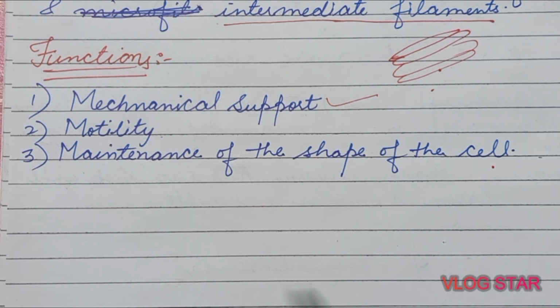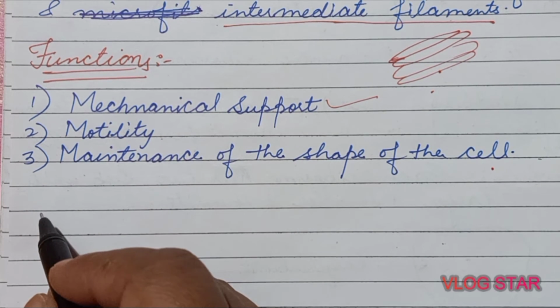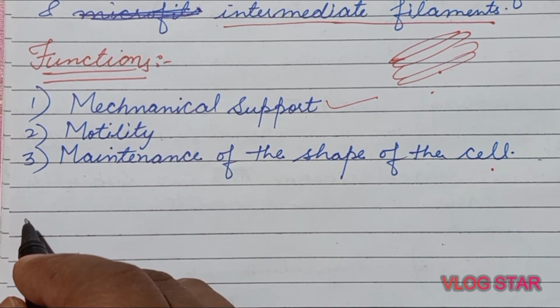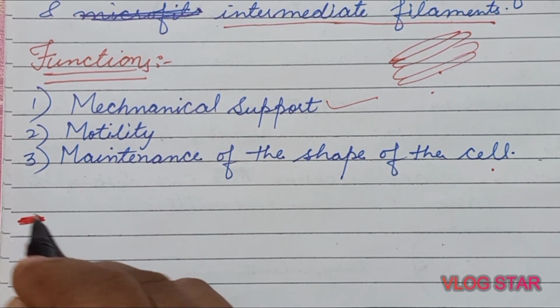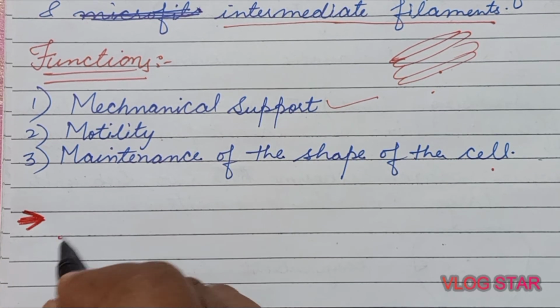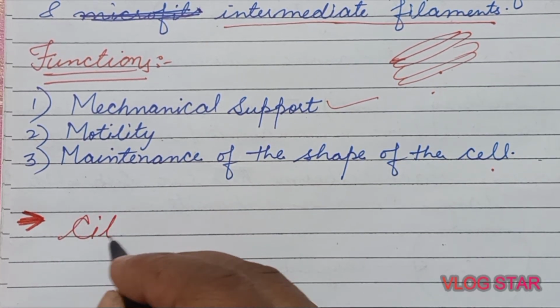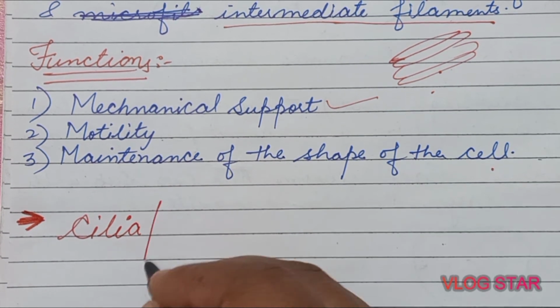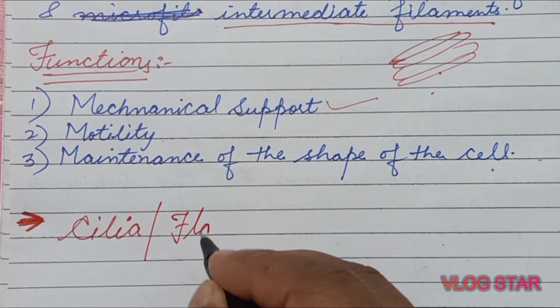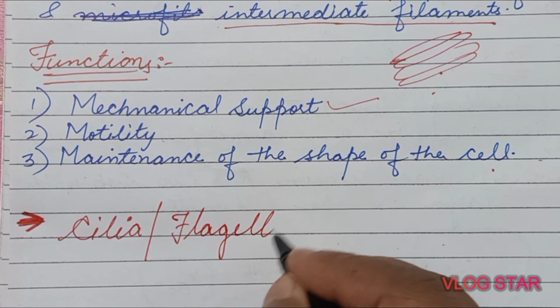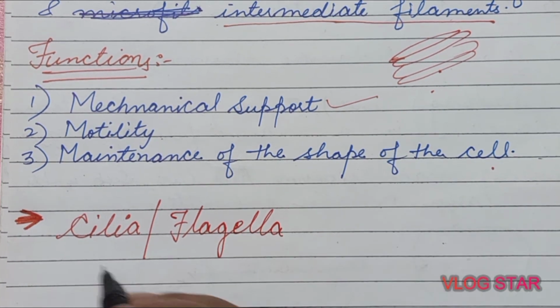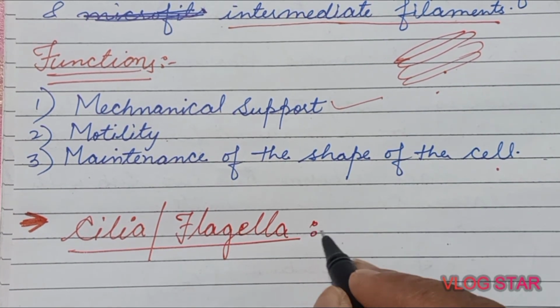Now I am coming to the next structure of a cell, which is cilia and flagella. And I think most of you must have heard about these two. These two help in the movement of a cell or the medium around the cell.